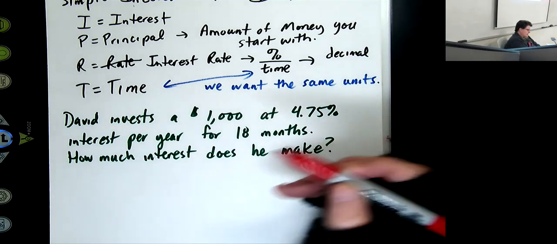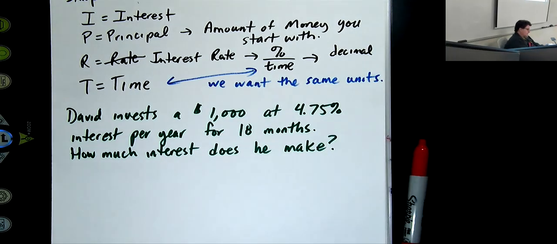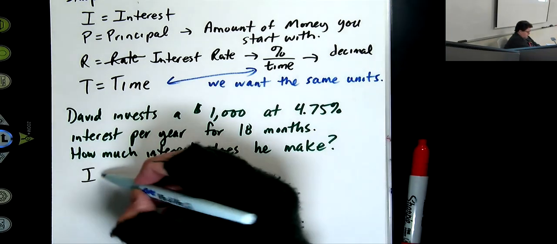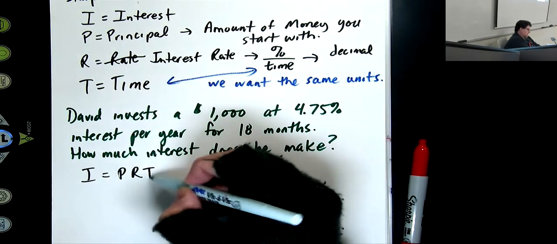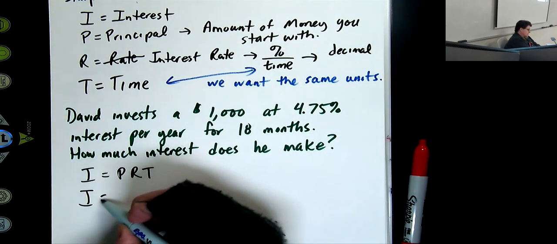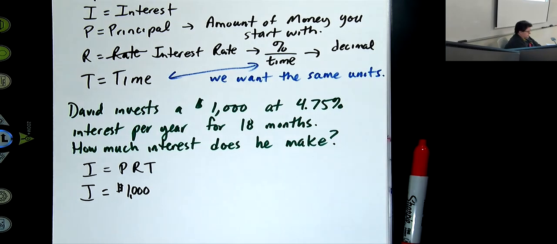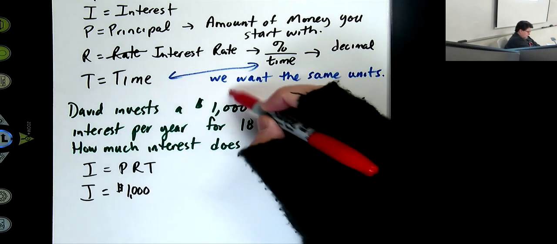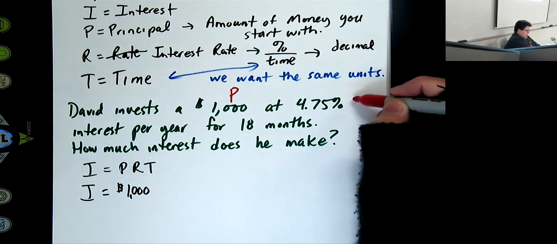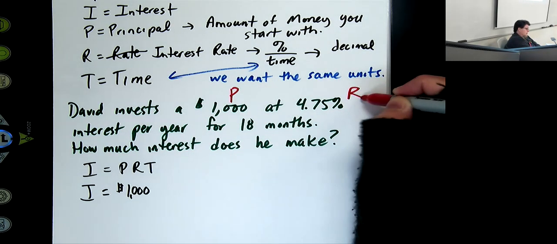So we want to plug in values for I equals PRT. The principal is $1,000. That's my P. This is my R, it's got a percentage.